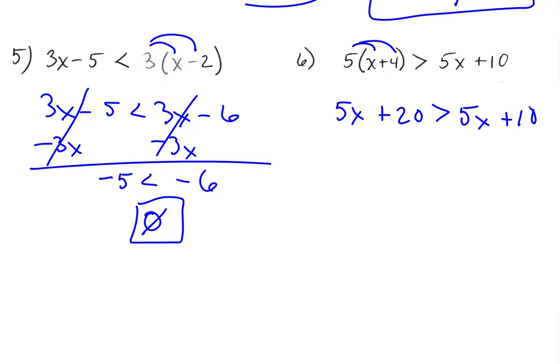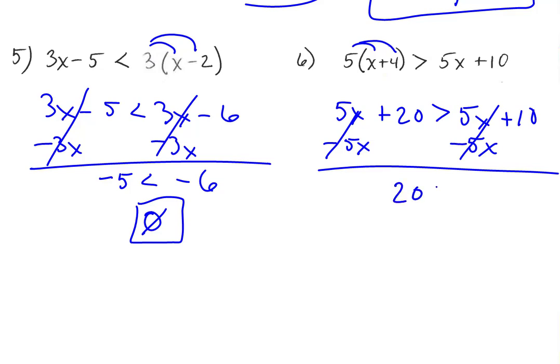In a similar scenario here, we notice we have the same x terms on both sides. They match, 5x, which means if we subtract 5x from both sides, there isn't a smaller to pick. They match. Those disappear, leaving us with 20 on the left side is greater than 10 on the right side.